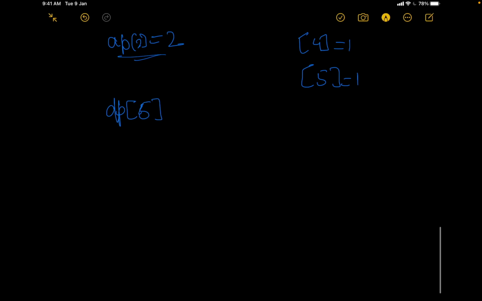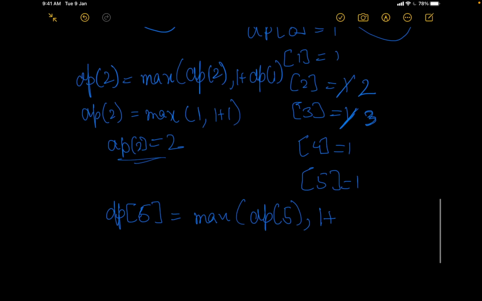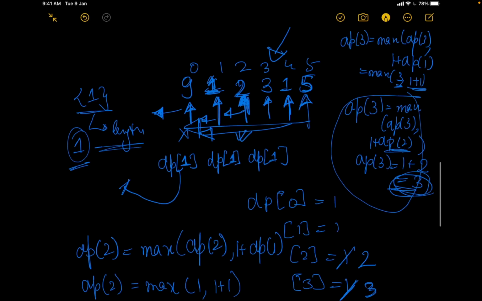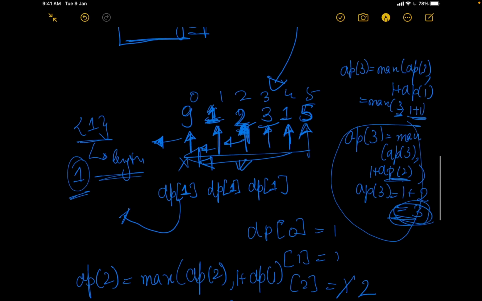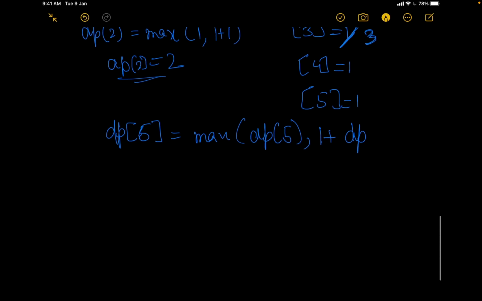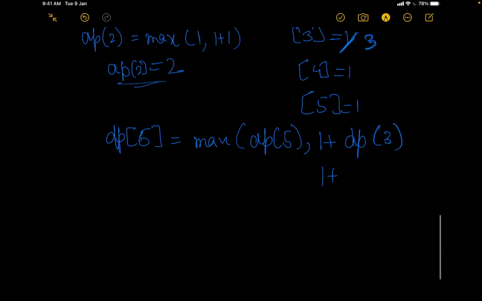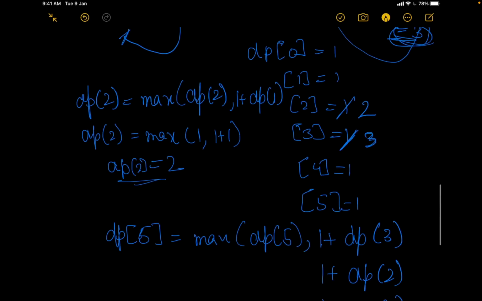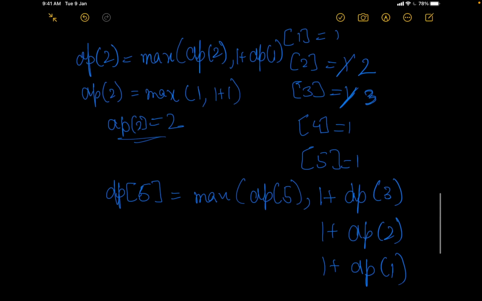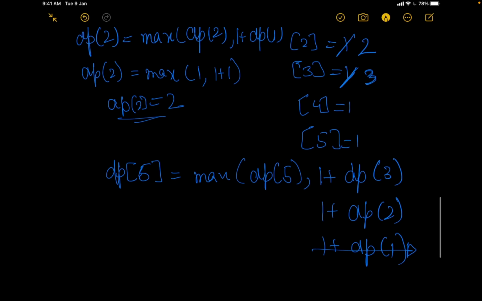dp5 is maximum of dp5 or 1 plus the dp of whatever element is less than it. So over here we'll be checking for dp of 3, 2 and 1. So the index is 3, 2 and 1. So we'll be checking these values for dp3, we'll be checking it for dp2 and for dp1. Now we know that the value for dp1 is basically 1, so it will become 1 plus 1. The value for dp2 is 2, so it's 1 plus 2.